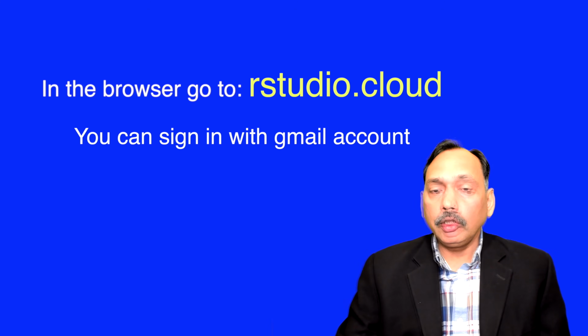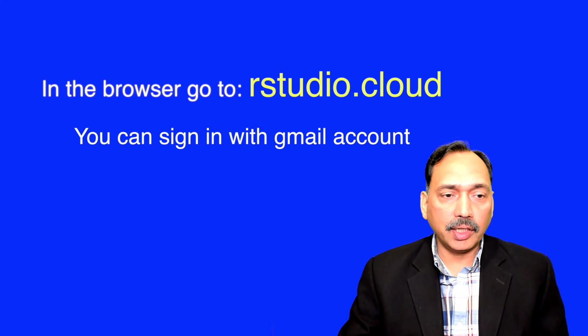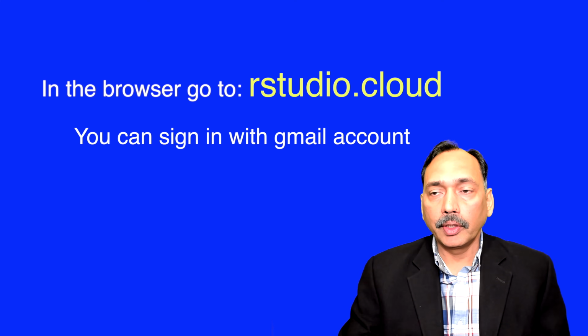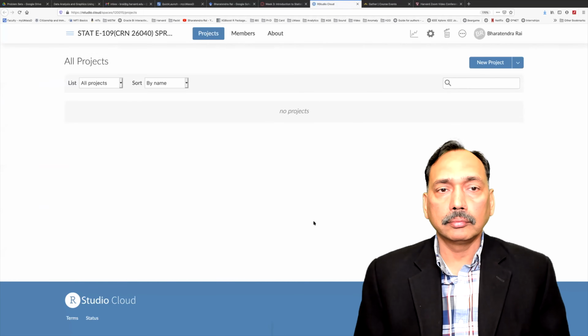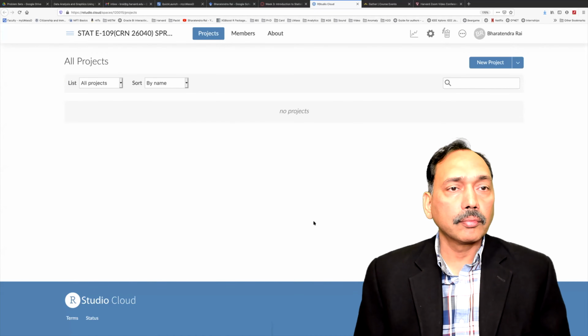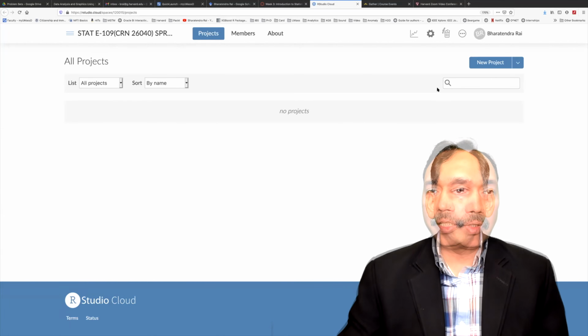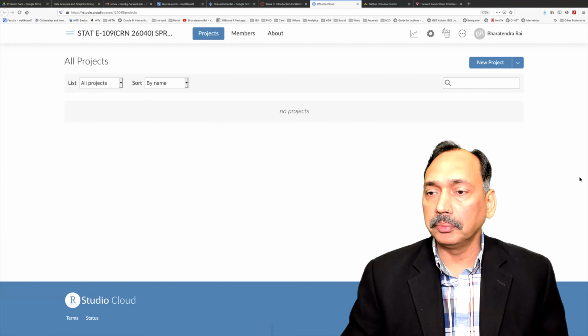So today we'll use RStudio Cloud. I got you started with R in Kaggle notebook, but RStudio Cloud provides a few more features that you'll find very useful. It is going to take you to this page if you already created an account.